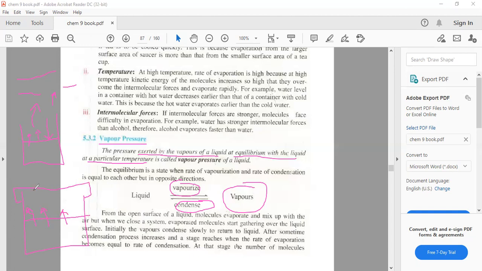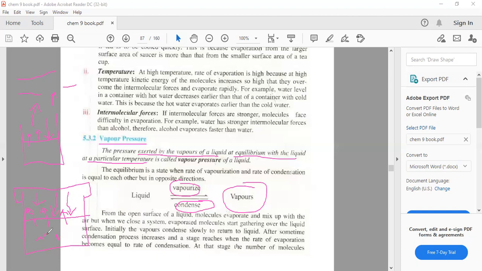As the container is closed, these vapors will condense back, will again change into liquid. When these vapors again exert pressure on the liquid surface, this is called the vapor pressure of the liquid which we take in this container.